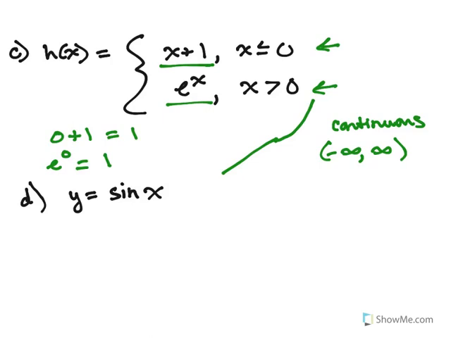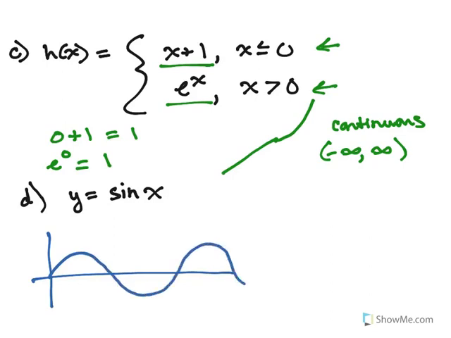Okay, tell me about sine x. What does that graph look like? It oscillates, right? It starts at 0, goes high, goes low, goes high, goes low. Does it ever have any domain issues? Does it ever have any jumps? So what would we say about that one?